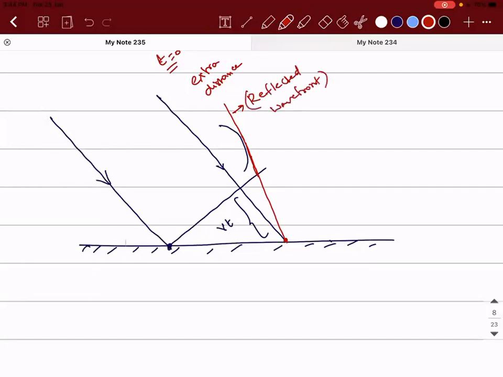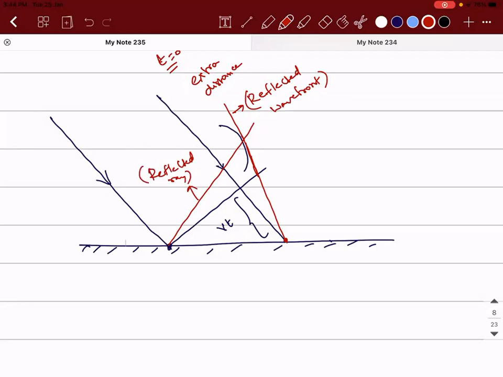wavefront. Okay, and to this reflected wavefront, if you are able to draw a perpendicular from the first point of incidence like this, then this becomes the reflected ray. So if you observe, what I did here is a geometrical construction, like how you have some steps to be followed, right?